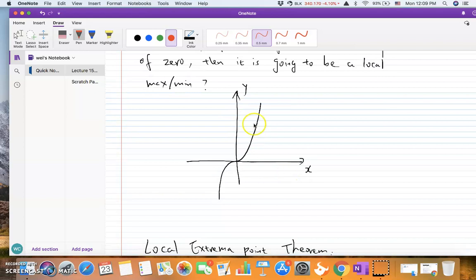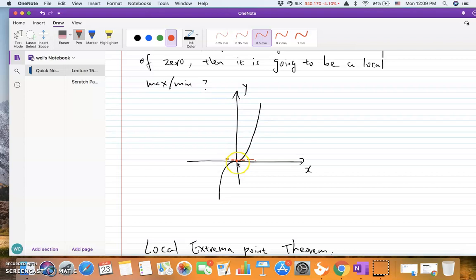If we take a look at this example, we can see at this point we have a tangent line, and the slope of that tangent line is 0.